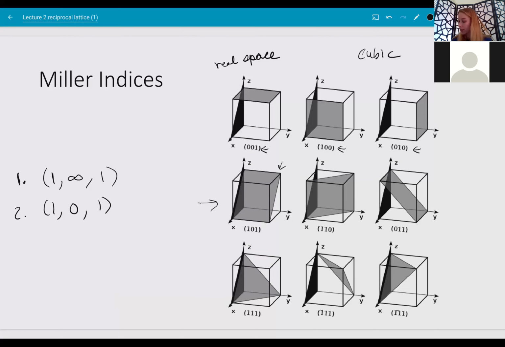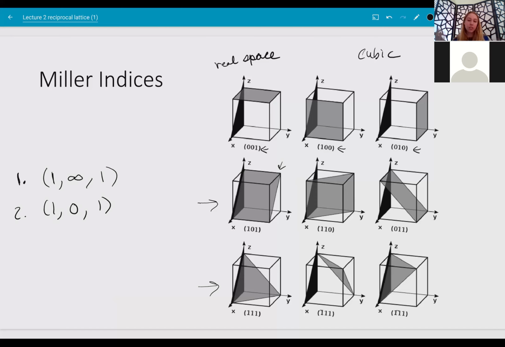And then finally, the bottom row, I'm not going to go through the example here, but these represent planes that cut through the volume diagonal as opposed to the diagonal of one face.